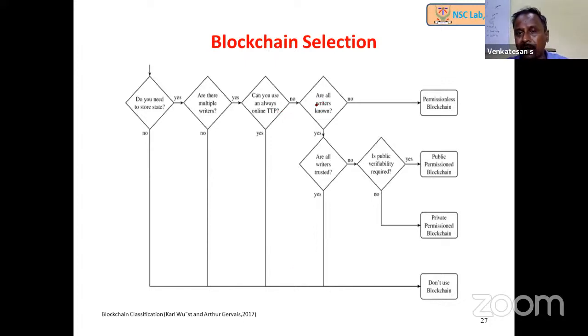The question is, are all writers known? In a permissionless network, we don't know the people who are joining the network beforehand. That's why it is permissionless. But in case of a permissioned network, definitely we have an administrator who allows only the new persons. So let's say if you don't know the writers beforehand, then we can go for the permissionless blockchain technology.